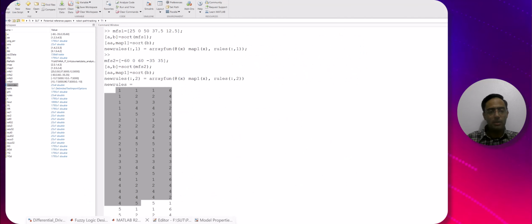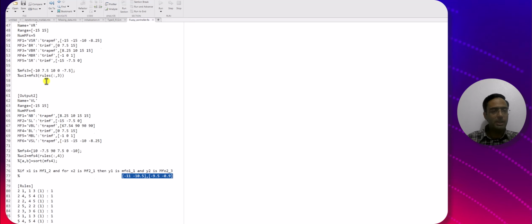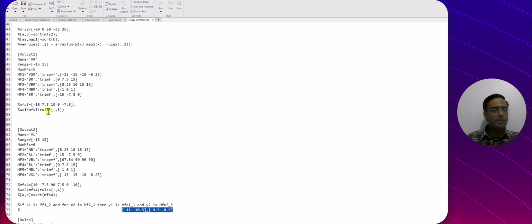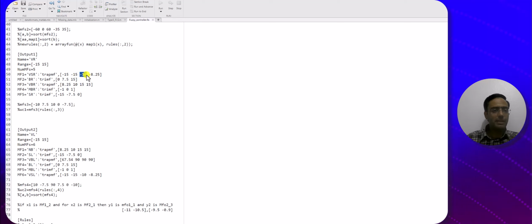Okay, so let me show you how we can extract. It's very easy. We have the center of the type 1 fuzzy set here, triangular membership functions for the output 1. We just need to take a vector like this. For the first MF, the center is -10. For the second, it is 7.5.